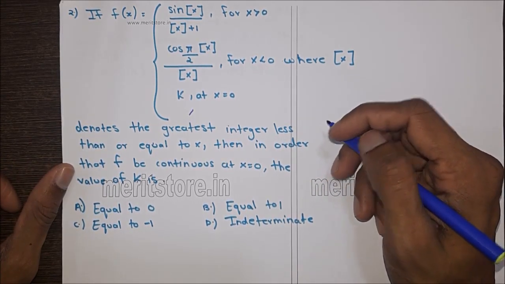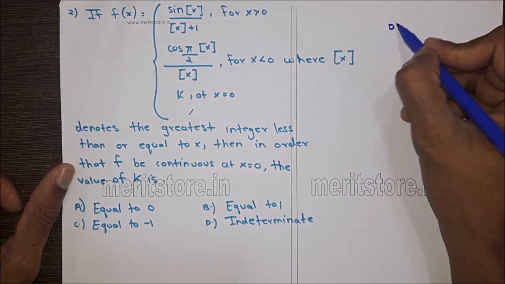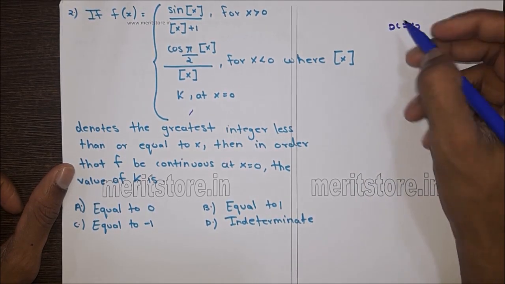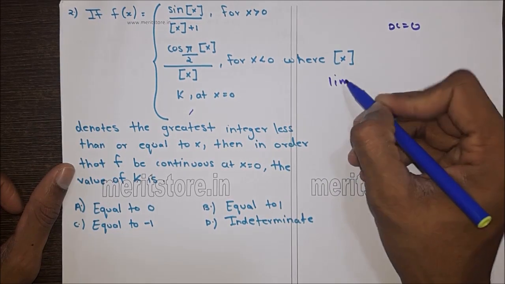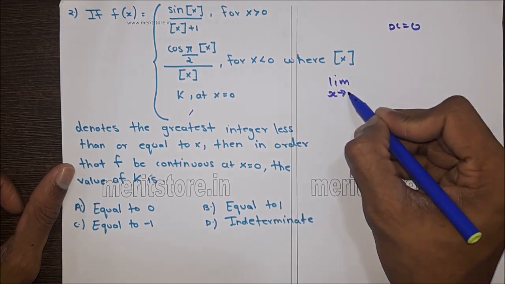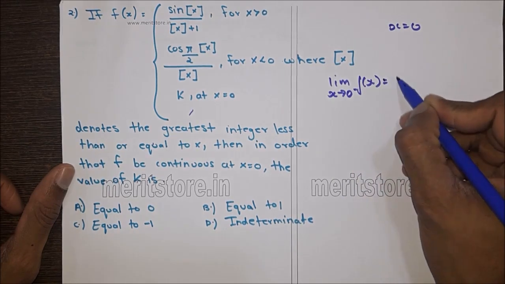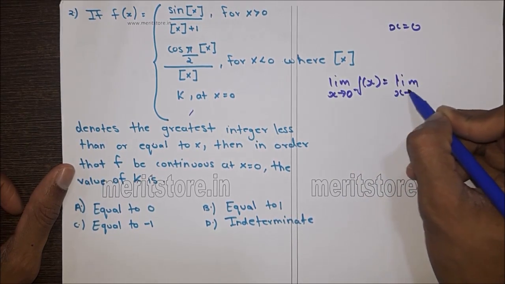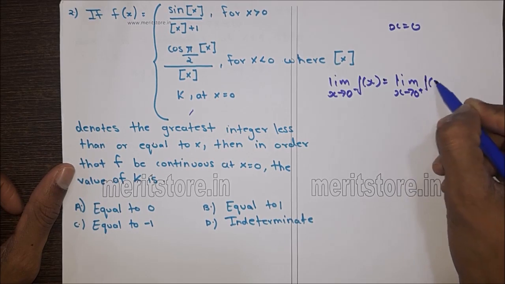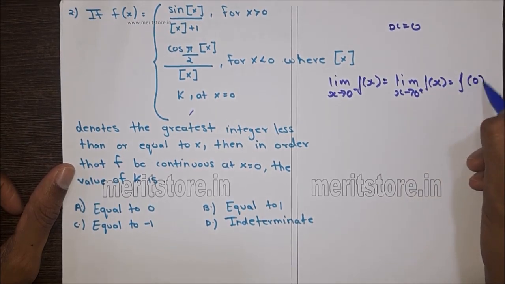If f is continuous at x is equal to 0, then limit x approaches to 0 from the left hand side of f x is equal to limit x approaches to 0 from the right hand side of f x equal to f of 0.